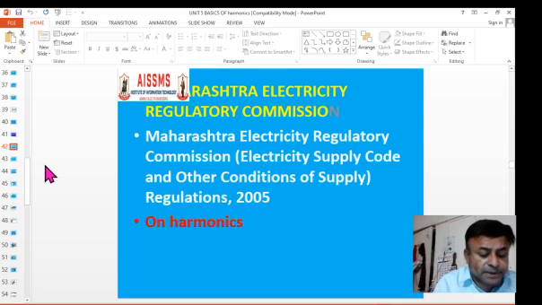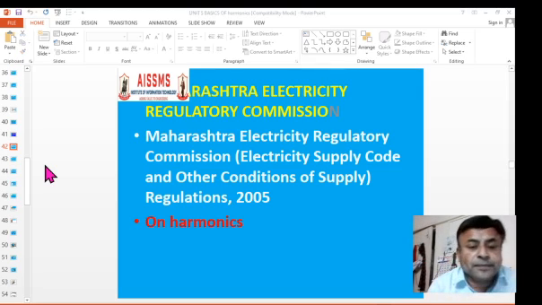Next part is what are the MERC recommendations on harmonics. MERC, that is Maharashtra State Electricity Regulatory Commission, has given a code called the Electricity Supply Code and Other Conditions of Supply Regulations 2005 on harmonics.